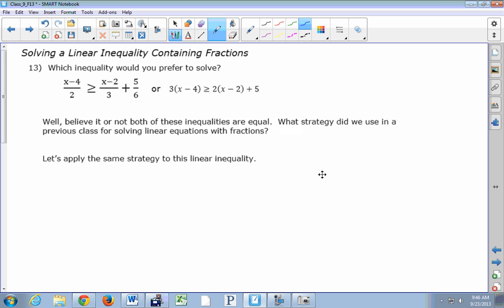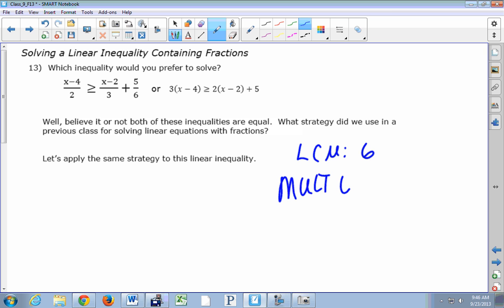Guess what, folks? These are the same. And after all the work that we've done with solving equations with fractions in the denominator, what's the LCM here of 2, 3, and 6? 6. So what are we going to do?